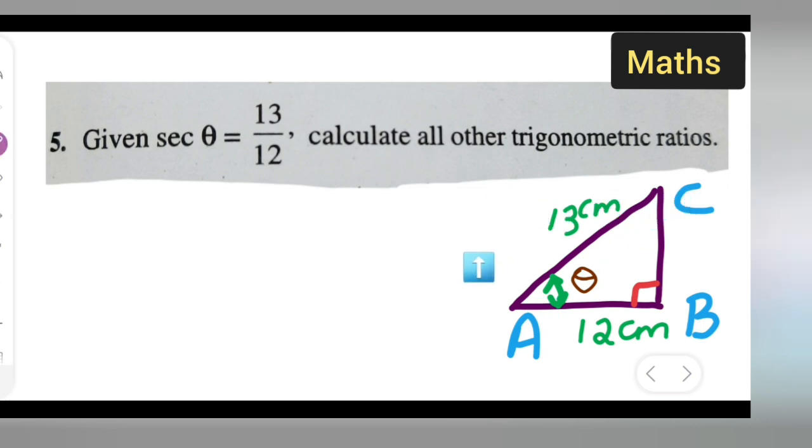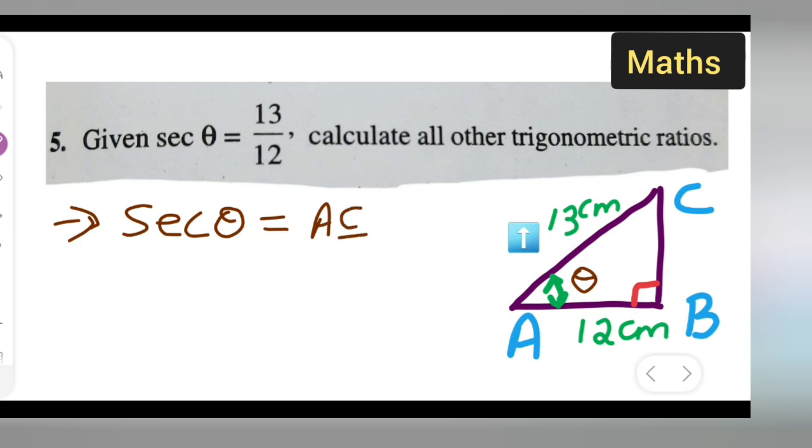So you'll have to draw a triangle over here first, that is ABC. This will be the theta, AB will be 12 and the hypotenuse will be 13. Now you all can write down sec theta is equal to AC, the hypotenuse, upon AB, the adjacent side.